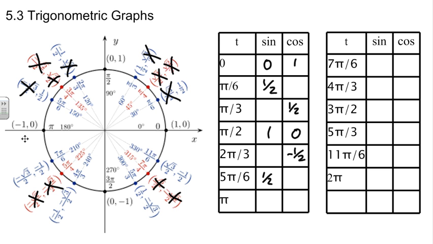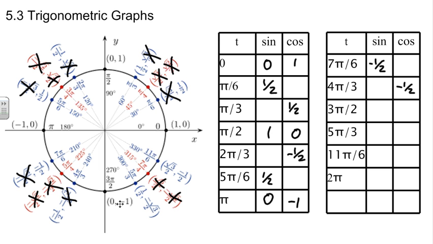At pi, cosine is negative 1, sine is 0. 7 pi over 6, we're going to ignore the cosine, but sine is negative 1/2. At 4 pi over 3, we're going to ignore sine, but cosine is negative 1/2.